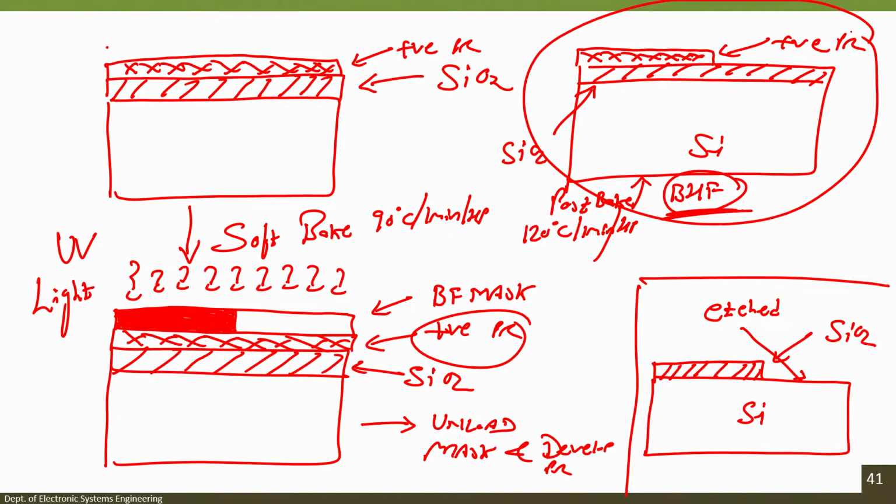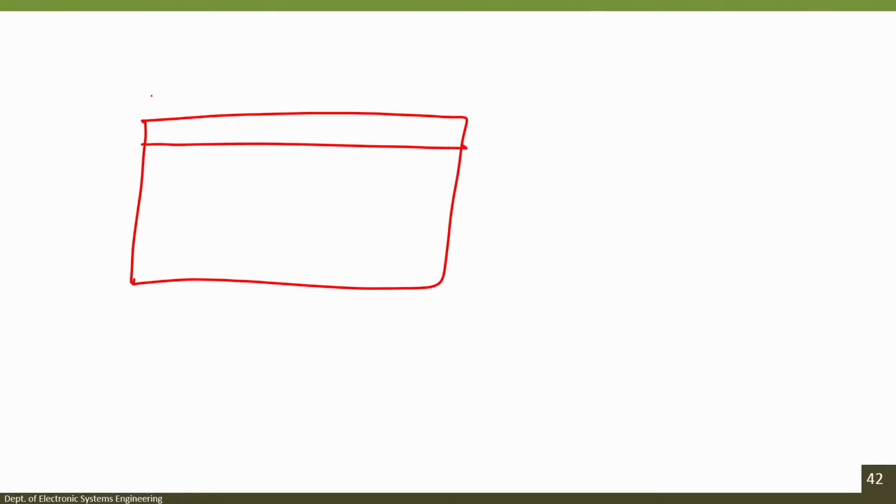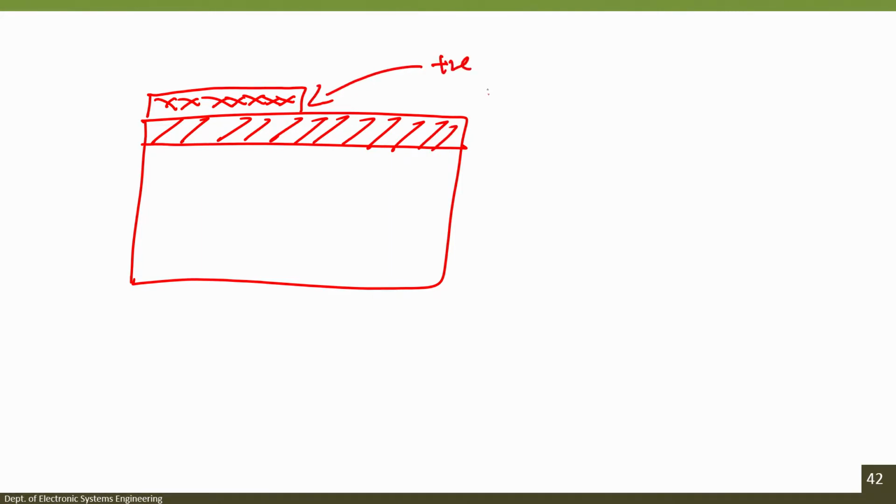If I go to the next slide, how will it look like? If I dip that wafer, which wafer? Let me draw it again here. The wafer where your positive photoresist was protected in this region, and from the remaining region positive photoresist was developed. This is your positive photoresist, this is your silicon dioxide, this is silicon. Now, I dip this wafer in BHF, buffer hydrofluoric acid, then what will I have?